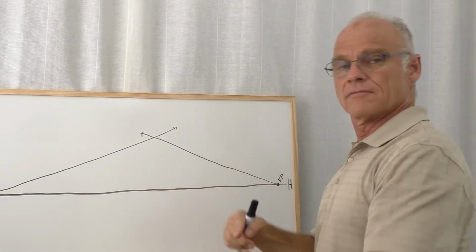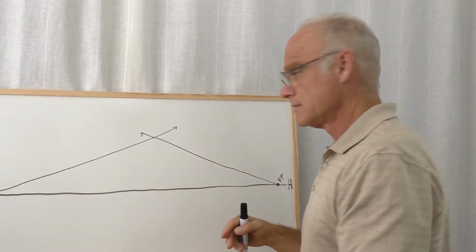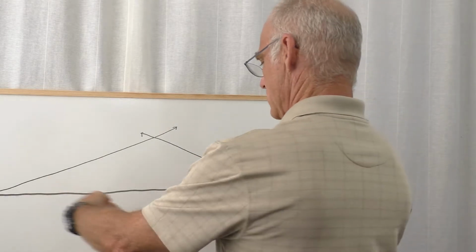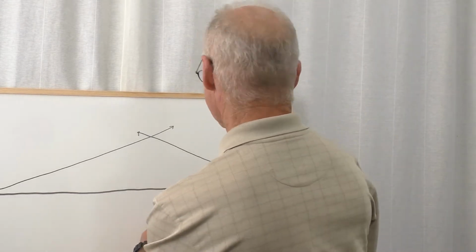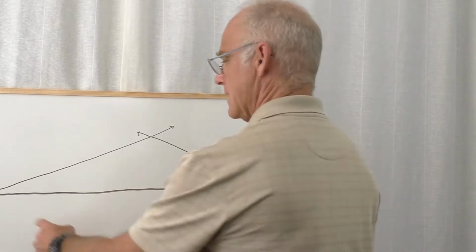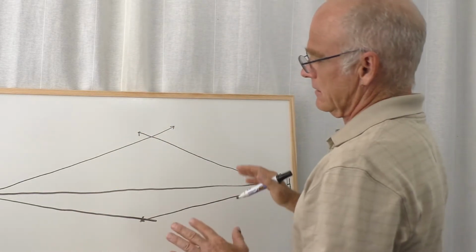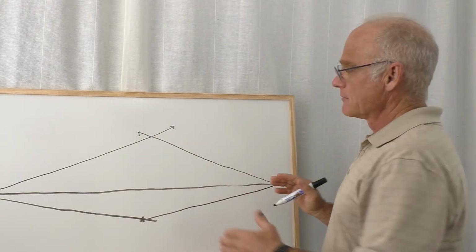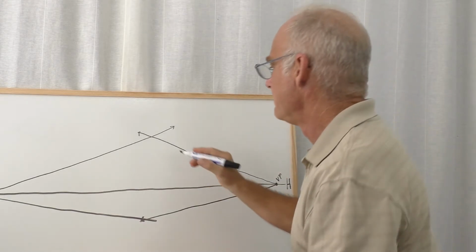Now I've got vanishing projection lines going below the horizon too. I'm going to make those a little bit closer to the horizon. So these are the projection lines. Now I'm going to draw a vertical line, which will be the front of our cube.